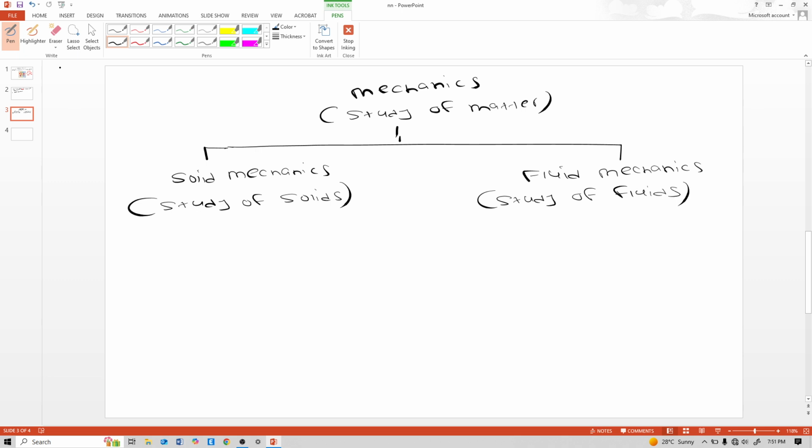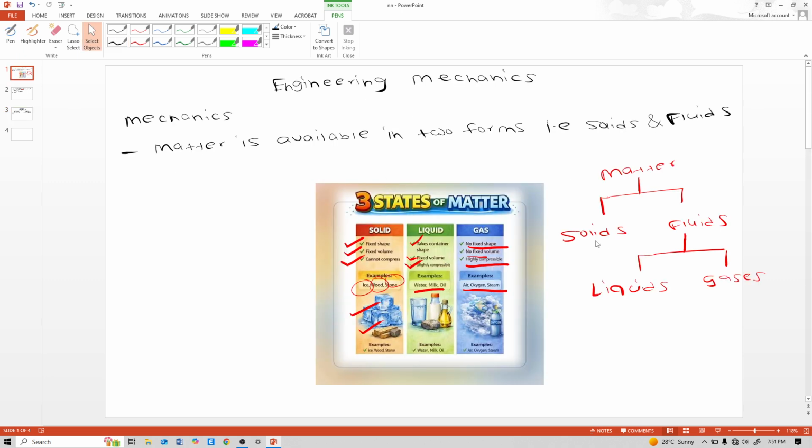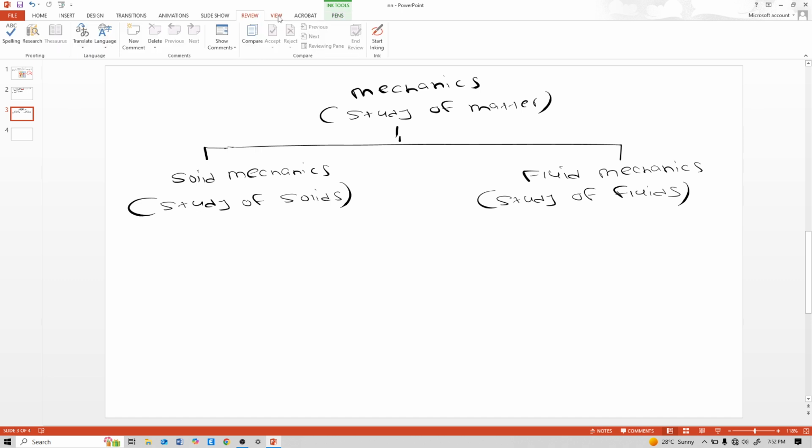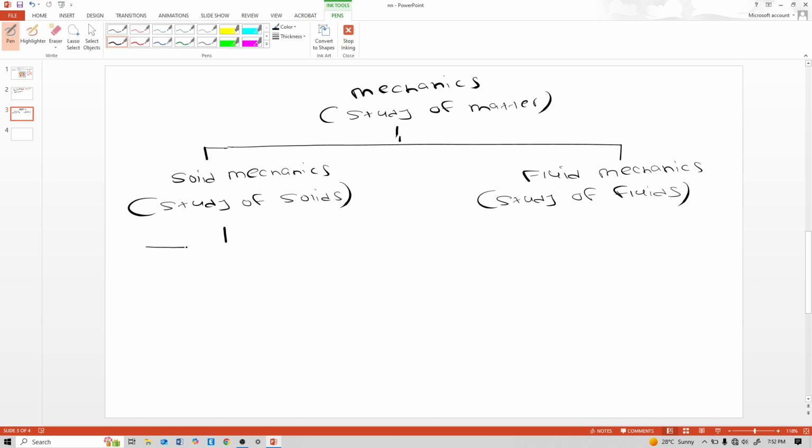See, I told you what matter is. Matter is nothing but solids or fluids. So study of solids, study of fluids. The study of matter is mechanics, and this solid mechanics is divided into engineering mechanics.